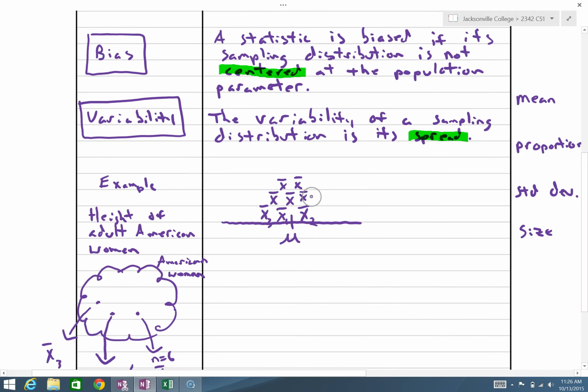When we have a situation like this where our sampling distribution is real tight together and it's centered where we want to see, it's not biased. This distribution of samples is centered right where we want it to be on the population mean, and it's not spread very much. This situation is low bias and low variability.